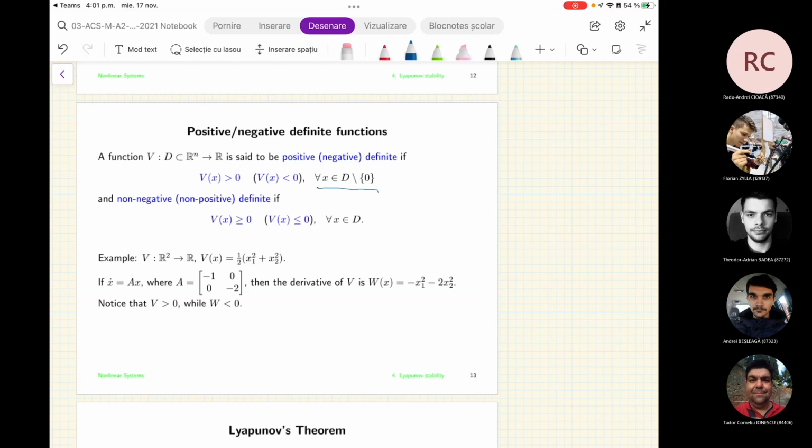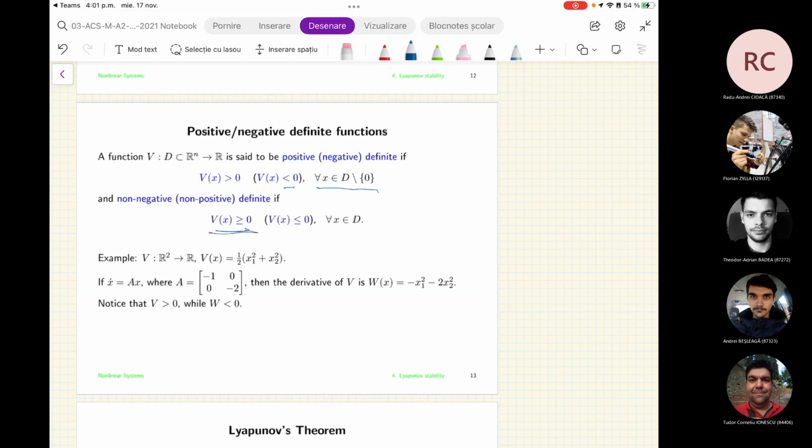It is non-negative or non-positive definite, semi-definite, if the strict majorization or minorization sign is replaced with a non-strict sign. And you have an example here.